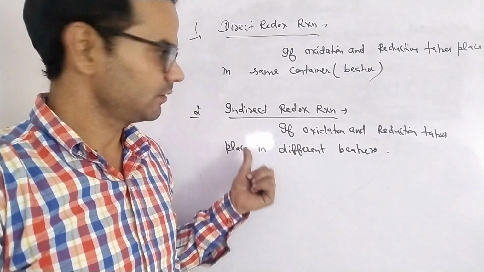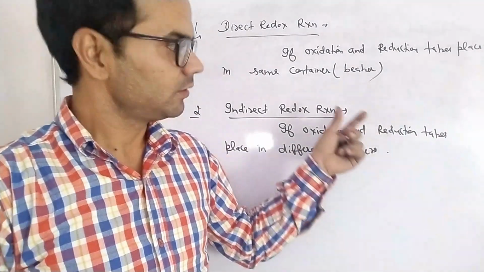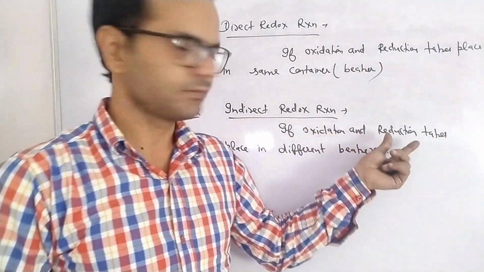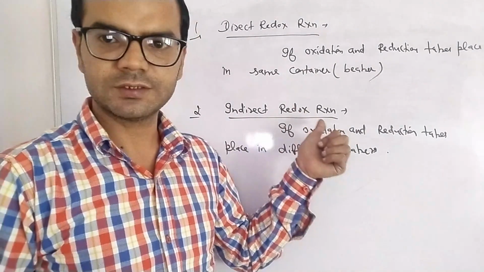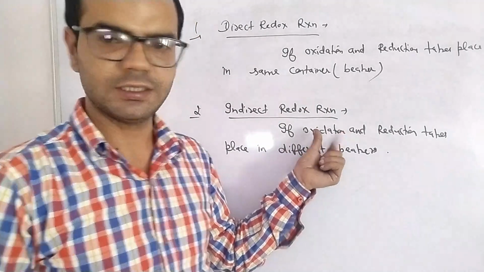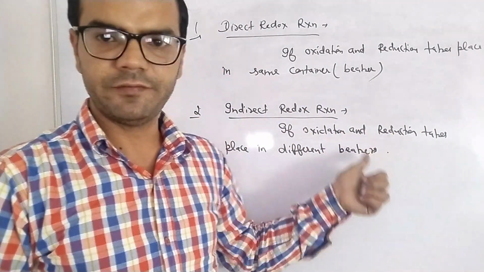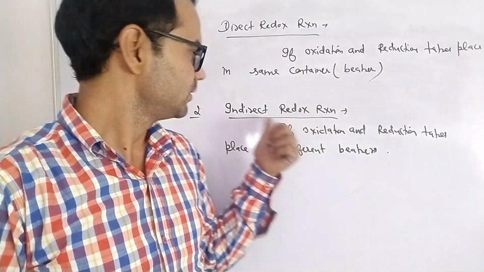In one beaker there is oxidation, in another beaker reduction. But the individual reactions we will call oxidation half reaction and reduction half reaction. If we sum up, then we will call that a redox reaction. Sum of oxidation half reaction in one beaker and reduction half reaction in another beaker. The sum total of that reaction is called indirect redox reaction.